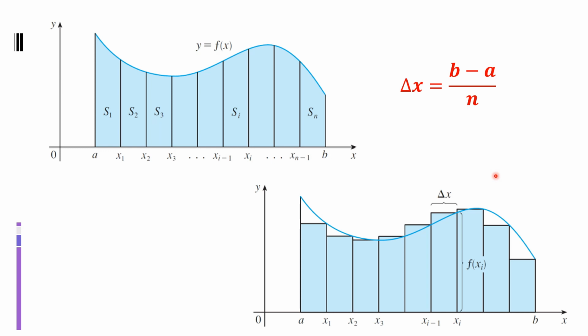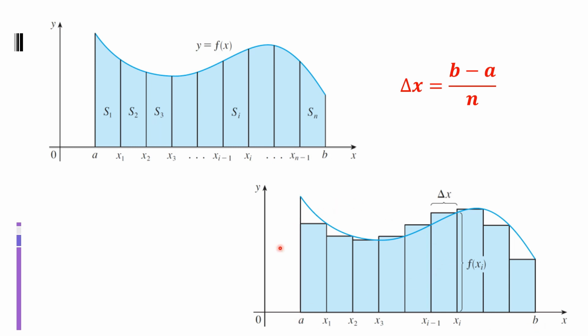Also, the values of x are divided into n sub-intervals. Now, we draw rectangles whose widths are equal to delta x and whose lengths are the same as the right edge of the strip. The measure of the lengths of the rectangles corresponds to the values of the function at f of x sub 1, f of x sub 2, hanggang f of x sub n.